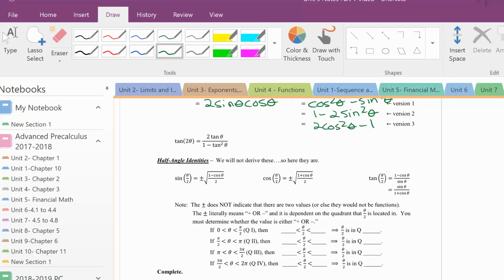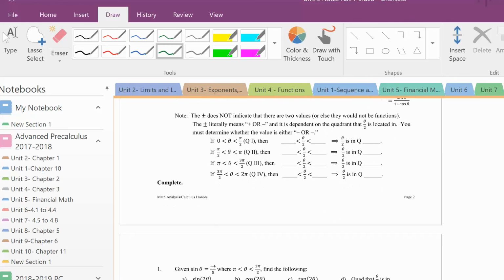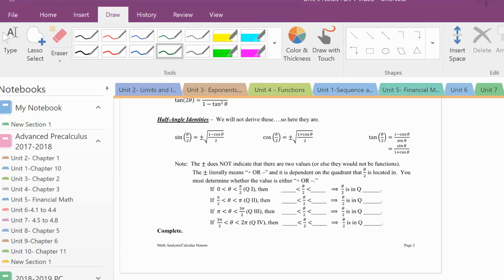There are also the half angle formulas, which we are not going to derive, but it is important to know that the plus or minus basically talks about what quadrant it's in.